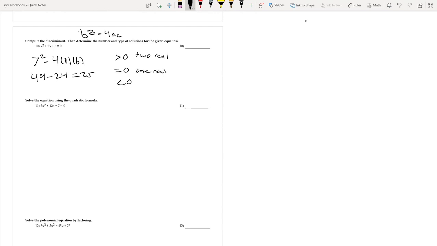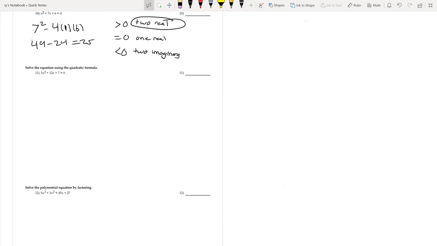And less than 0 is 2 imaginary solutions. So in this case, we got a number greater than 0, so this one will have 2 real solutions.